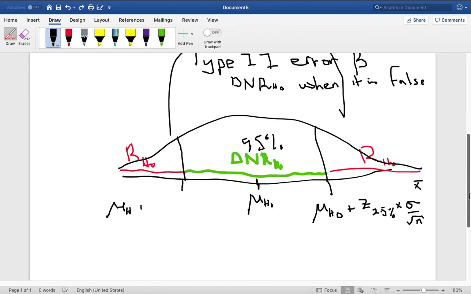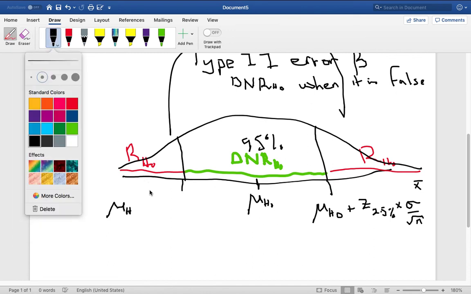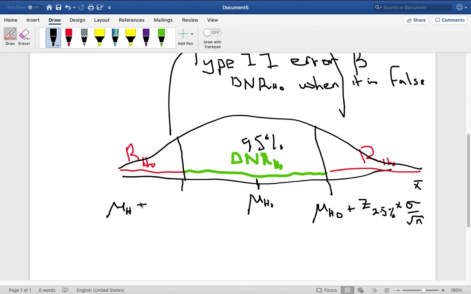This is actually going to be minus z of 2.5%, the number of standard errors, times sigma over the square root of n.